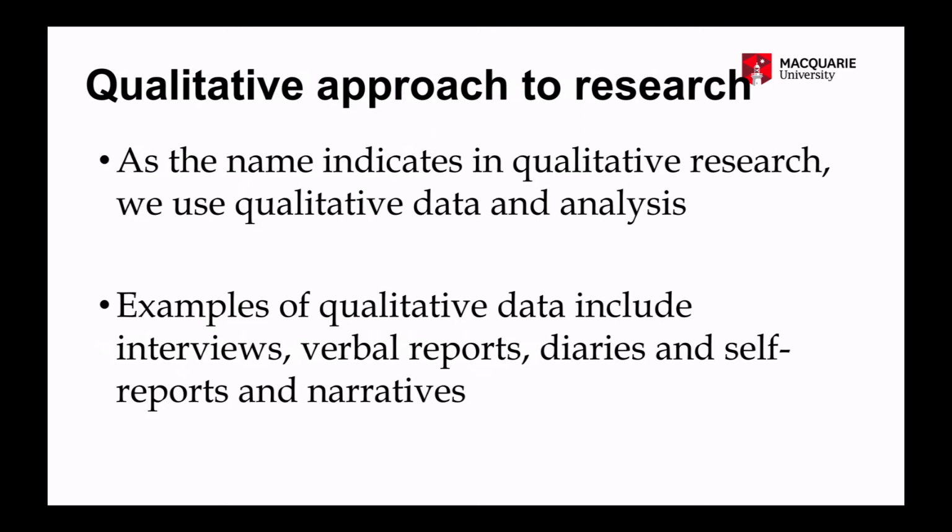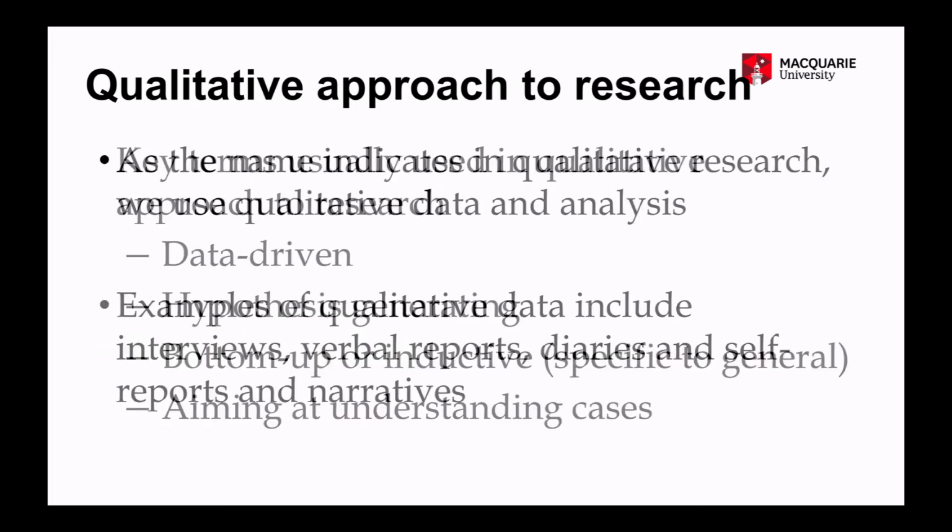And again, as the name indicates, in qualitative research, researchers are interested in qualitative data, which is usually verbal and narrative data, and could be collected through interviews, for example, with participants, asking them for verbal reports, think aloud protocols, for example, diaries or self-reports, and any other type of narrative qualitative data that could be collected from the participants. Sometimes text would also be considered as qualitative data as well.